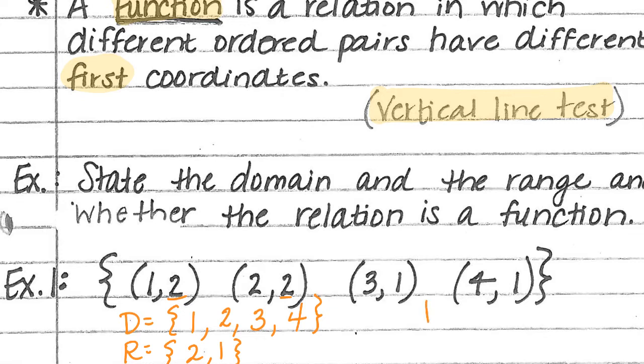Let's go ahead and graph this just so we can take a look so we understand. Even though we have (1, 2), we have (2, 2). That doesn't matter because that will still pass the vertical line test. We have (3, 1) and (4, 1). And you don't have to graph all these. If you notice that all of the x's are different numbers, you will know that yes, this is a function.